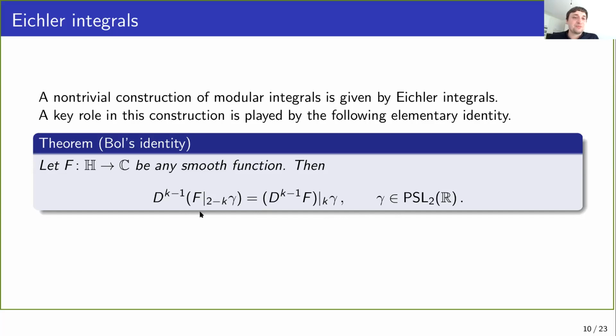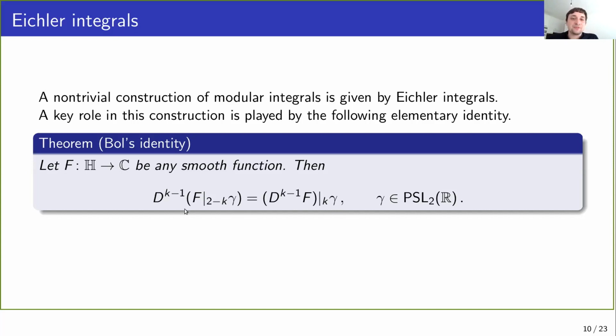If you have any smooth function on the upper half plane and you differentiate it k-1 times, and then you apply the slash operator in weight k, then it's actually the same as applying the slash operator in weight 2 minus k, and then differentiating. So this (k-1)th derivative intertwines the slash actions in weights k and 2 minus k.